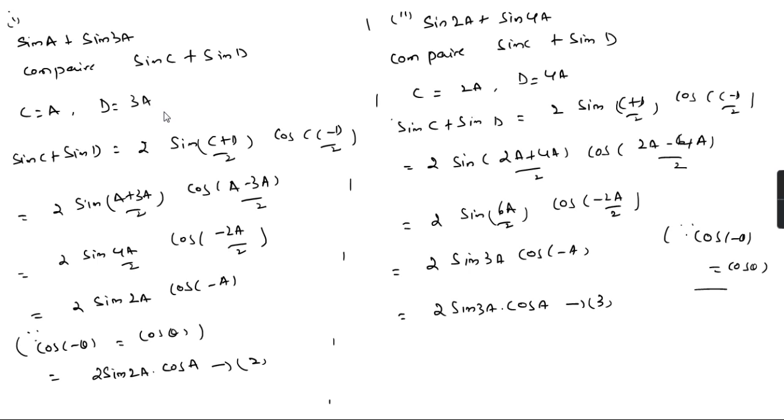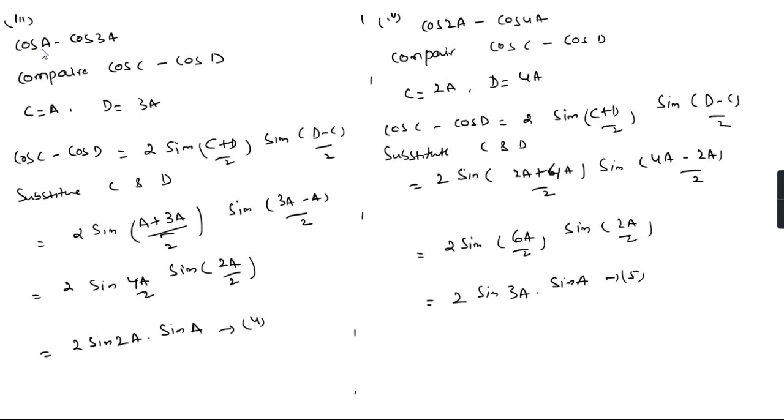We substitute C and D and simplify, we get 2 sin 2A cos A. Similarly for the second part, sin 2A plus sin 4A, the solution is 2 sin 3A cos A. Next, for the third part, cos A minus cos 3A, the solution is 2 sin 2A sin A. For the fourth part, cos 2A minus cos 4A, the solution is 2 sin 3A sin A.